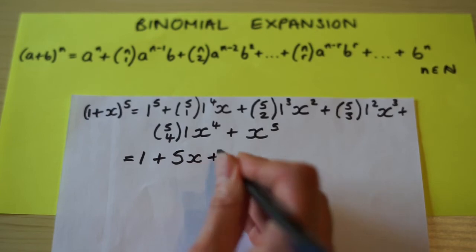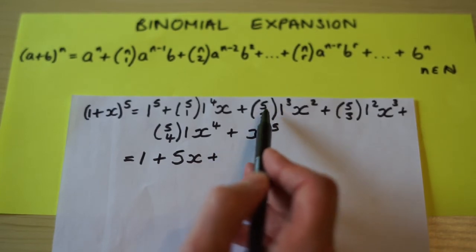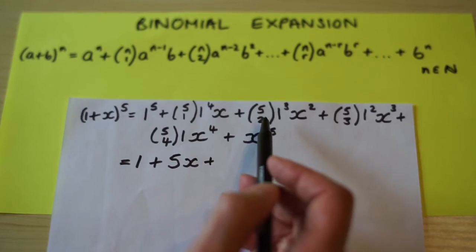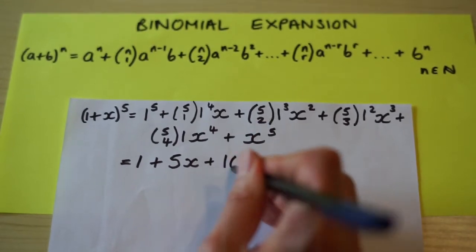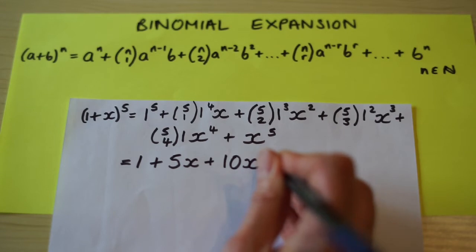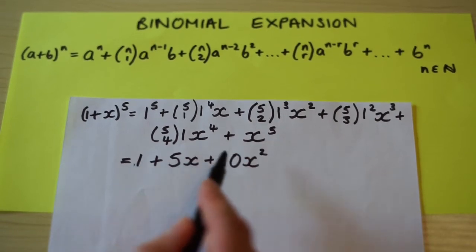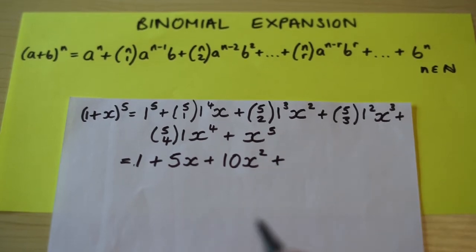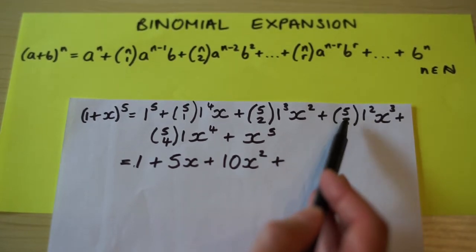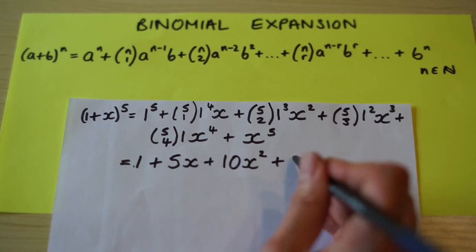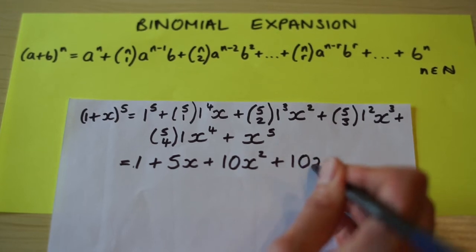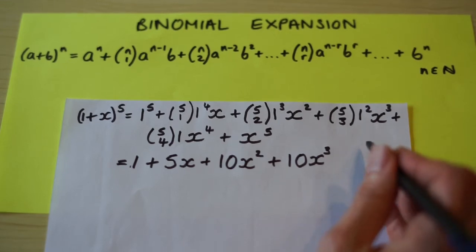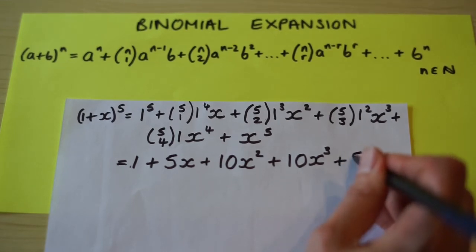Okay, so we've done the second term. The third term, we use our calculator again to calculate this. 5, 2, that gets 10. So we can see that we're generating one of the rows on Pascal's triangle. 5 choose 3 on the calculator, it's also 10. 5 choose 4 on the calculator is 5.